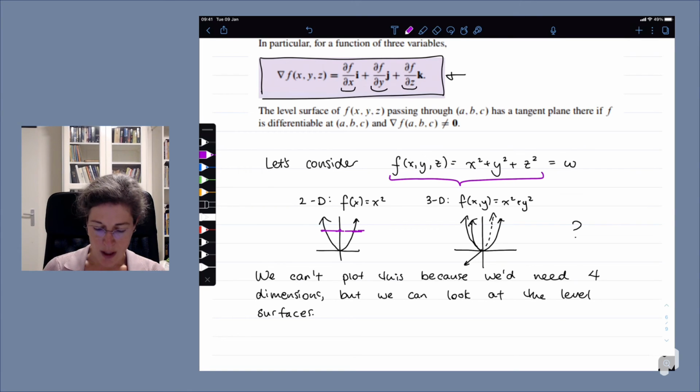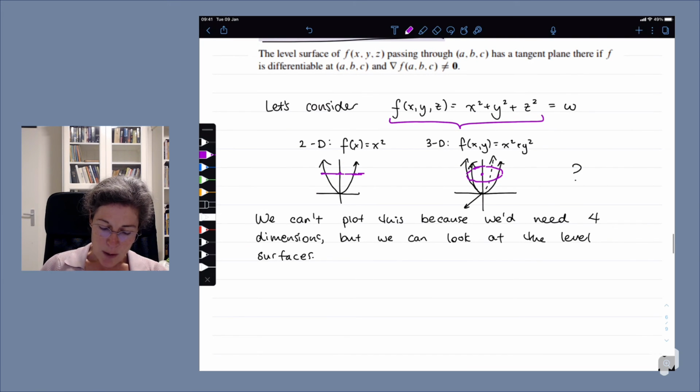So now we would set the z value and just keep everything constant there, and what you'd find if you kept the z value constant would be the circle of a level curve. So it's slightly more helpful here if you think about what happens in our 4-dimensional case. So we've got our f of x, y, and z is equal to x squared plus y squared plus z squared.